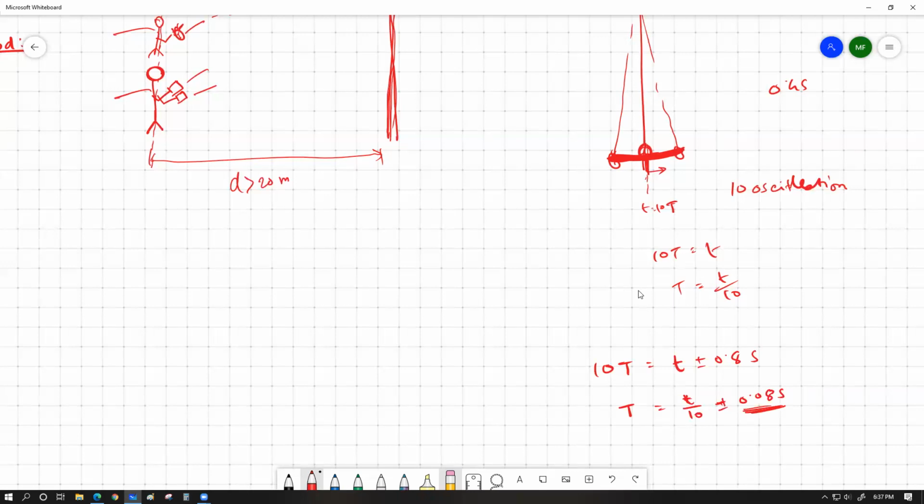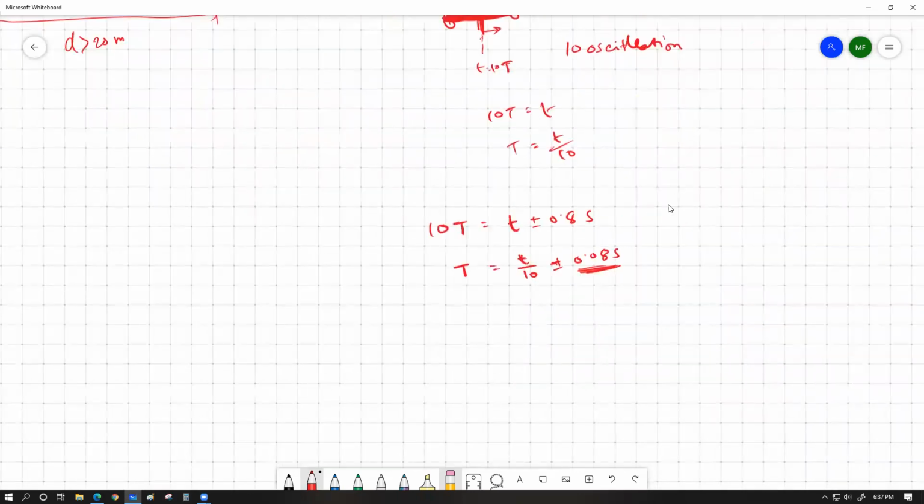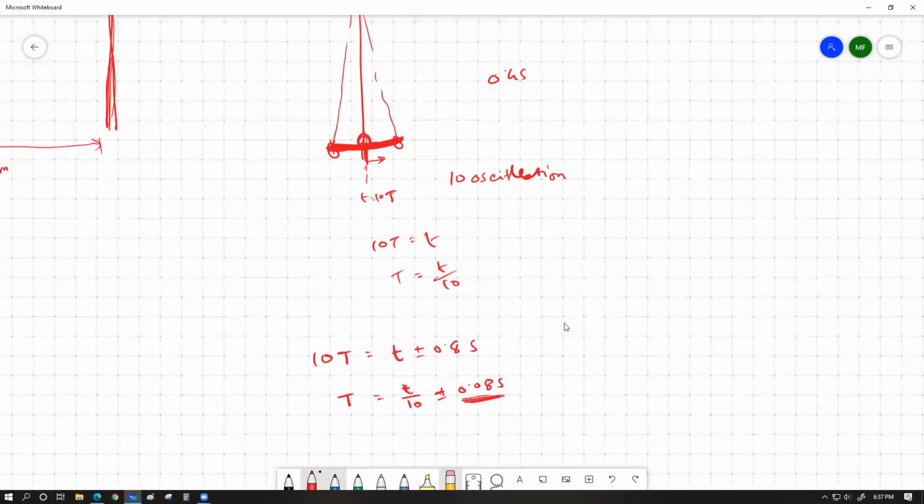Whereas if we observe the motion for 5 oscillations, then the equation would look like this. Have a look. Then 5 oscillations should be equal to the amount of time that we measure from the stopwatch. Let's say I'm going to write this with t prime, because this time and this time should not be equal, obviously. So that is t prime plus or minus 0.8 second. So every single measurement of time that you take from start to end, you're going to make typically about 0.8 second of error.